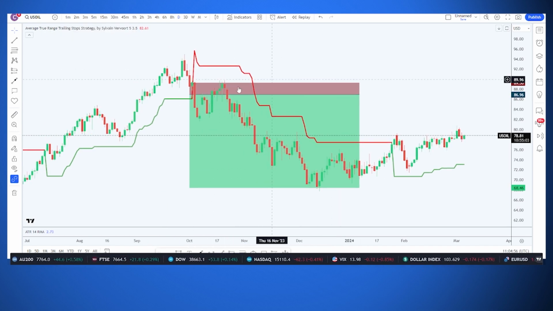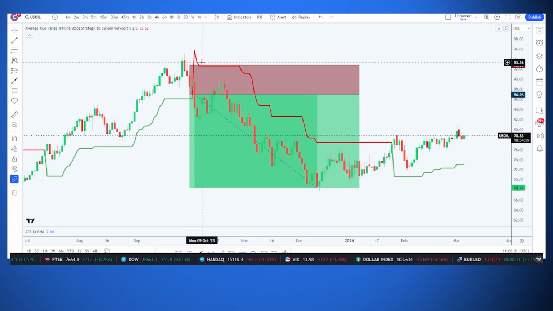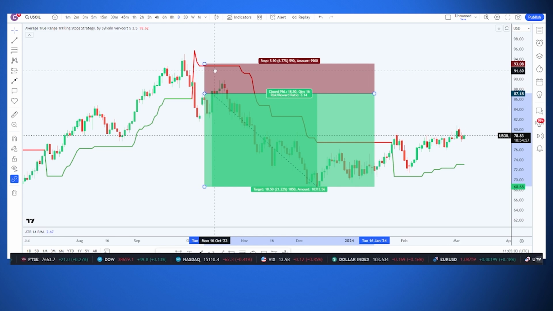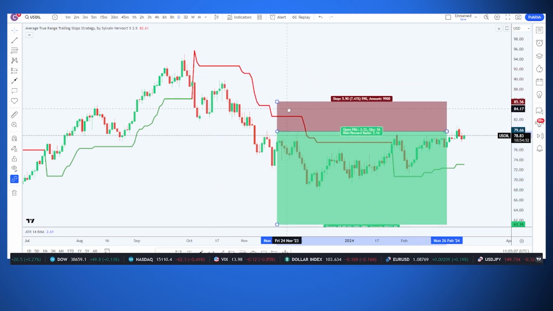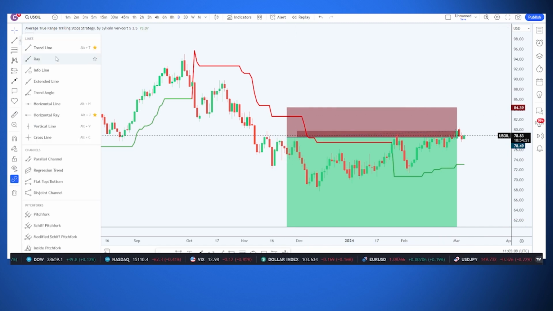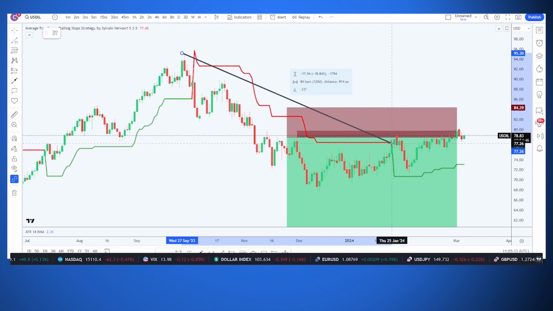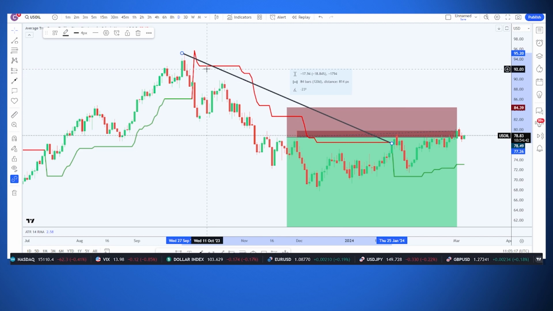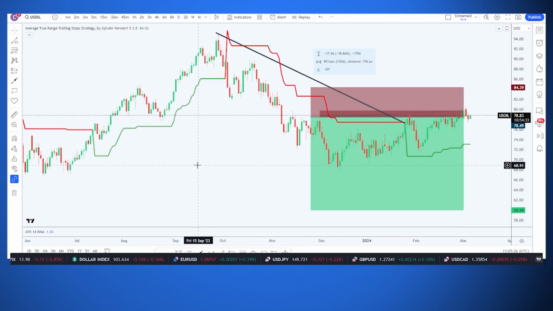You got stopped out here, but if you actually had listened and had this indicator on, you could have put your stop loss, your trailing stop loss, on or above this red line and followed that all the way down and actually managed to catch on to a move lower in oil until we get the point where we're stopped out here, which obviously when we get that crossover of an 18% move lower in oil, we could have caught onto that full trend just by using this ATR trailing stop strategy.